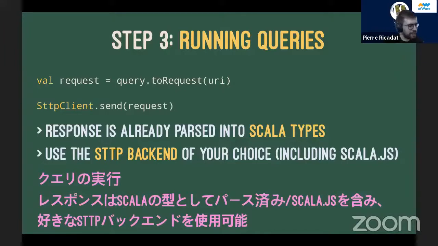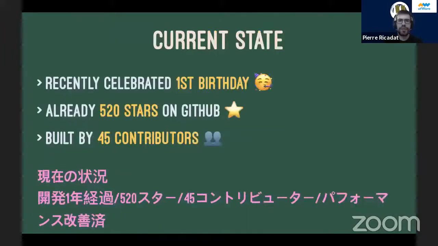Okay, a few more things before I look at questions. What is the state of the library? It's been one year since I created the library. Over the last 12 months, it got a lot of feedback and a lot of attention.